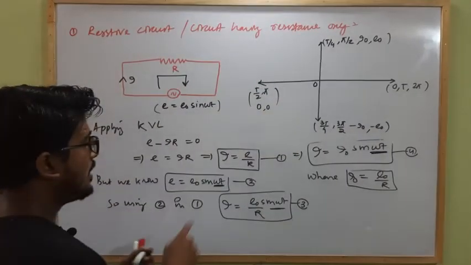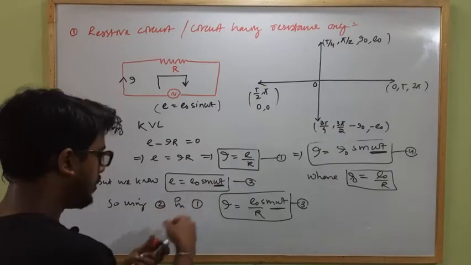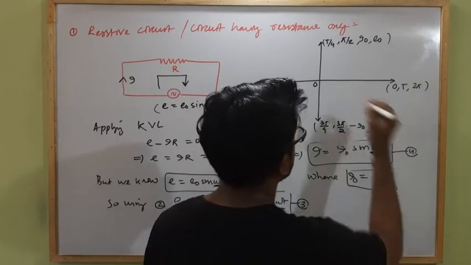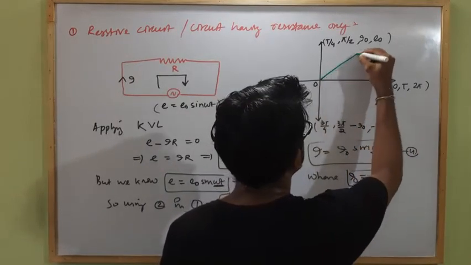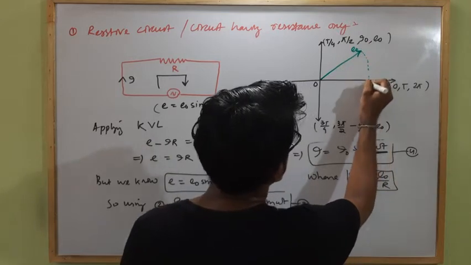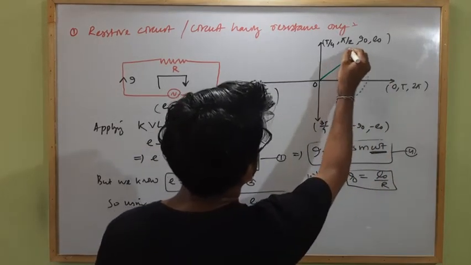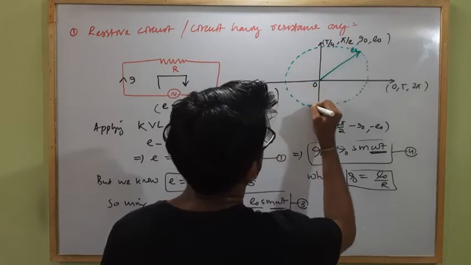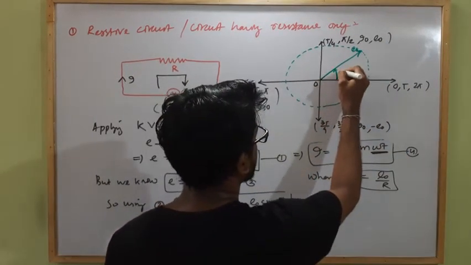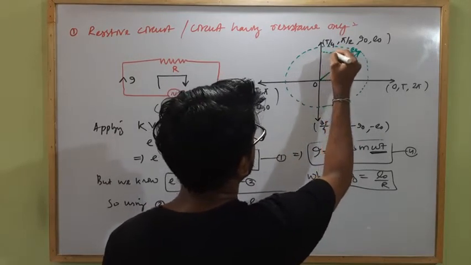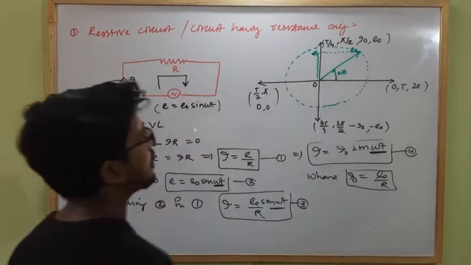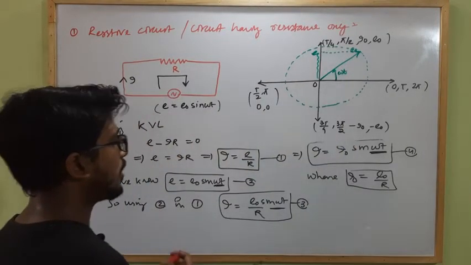So at any instant t, the E will be E naught sin omega t. So if I am representing the E here, at any instant t, this is the value of E naught, and it's rotating like this. Okay, and this is the phase omega t. So the projection on the x-axis, this length will be E. Clear? And at the same instant, what is the value for I?